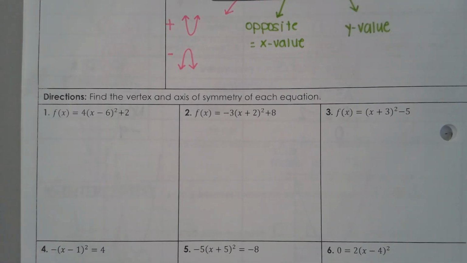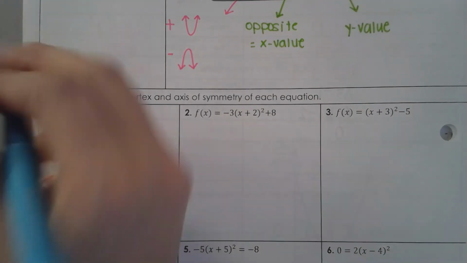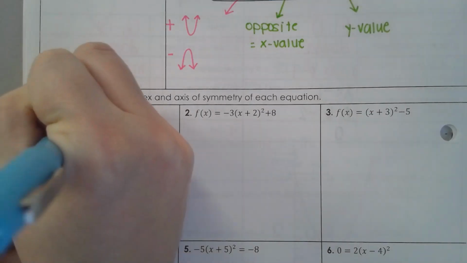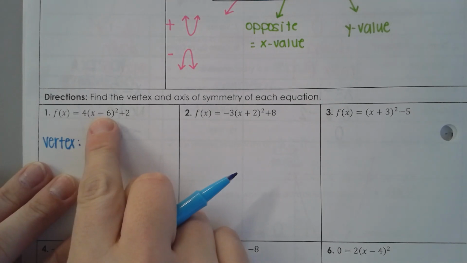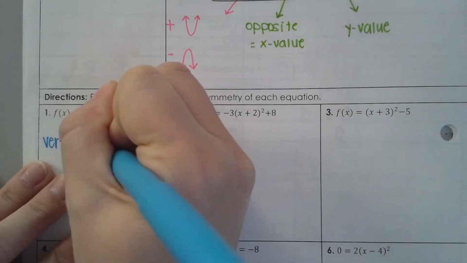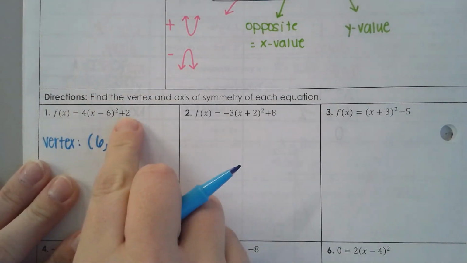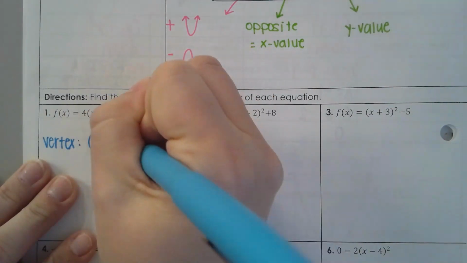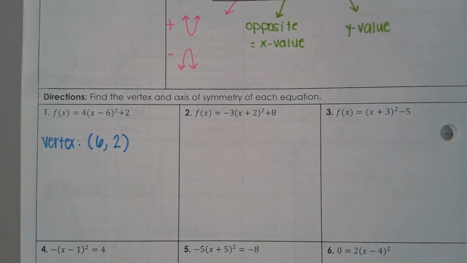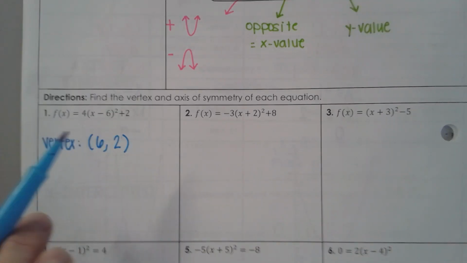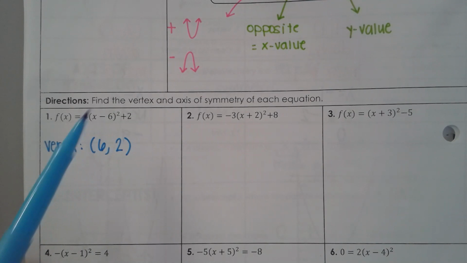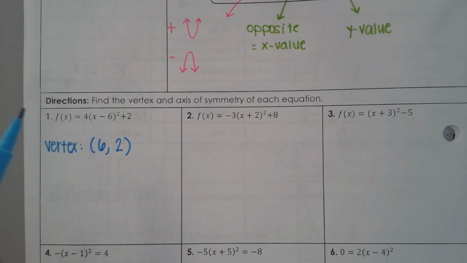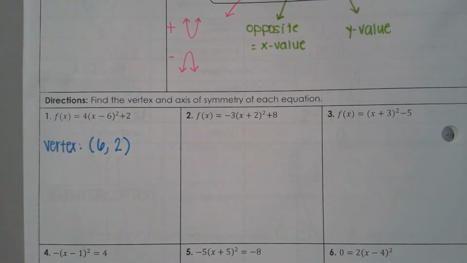So number 1, my vertex, I'm going to take the opposite of this number, which gives me a positive 6, and this number on the end, which is a positive 2. The 4 in the front does not affect the vertex at all. So this one would be a pretty skinny parabola. And it's a positive 4, which means the parabola is going to open up.